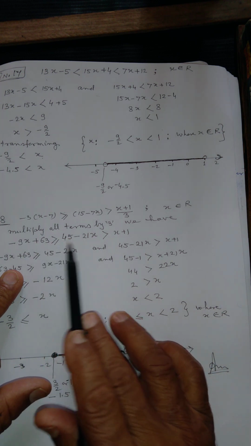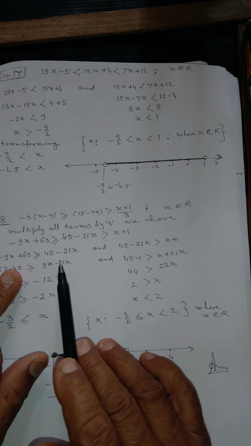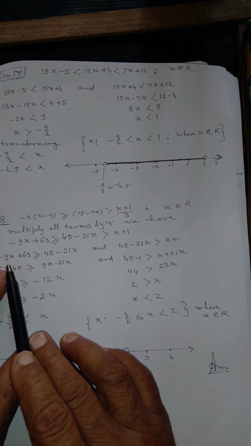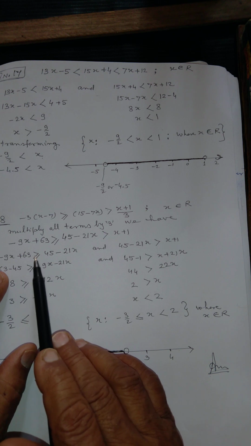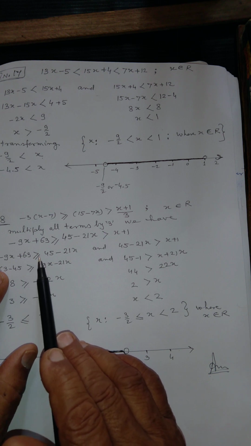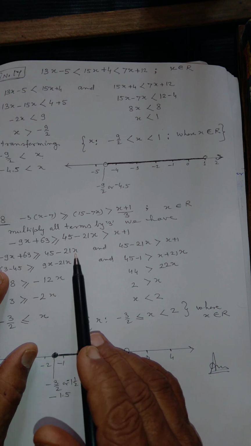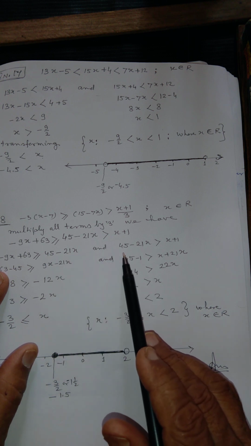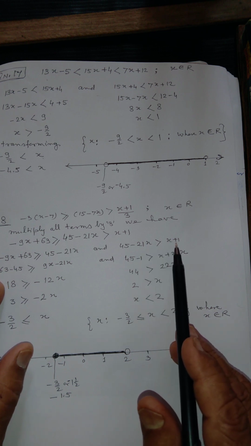Now this complete inequation has been divided into two parts. First part is 9x plus 63 greater than or equal to 45 minus 21x. In the second part, 45 minus 21x greater than x plus 1.